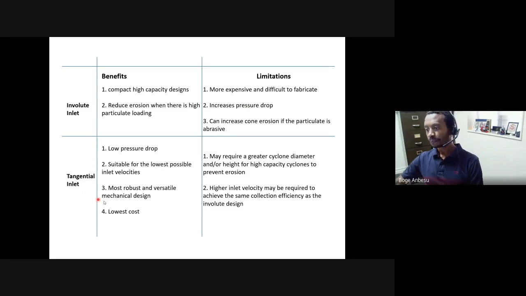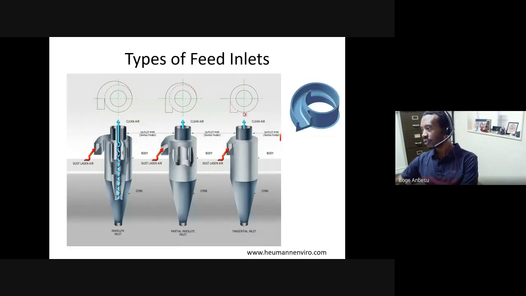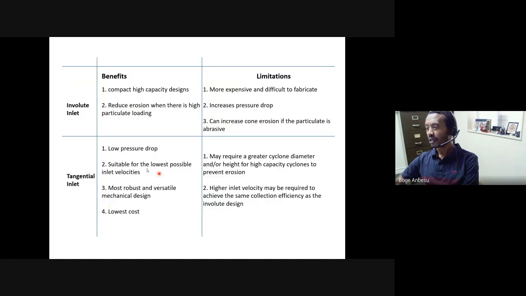In contrast, if you have a tangential motion, the opening here is very minimal, so there's less pressure drop, and if there's less pressure drop inside the cyclone, fine particles can be classified properly. So that's one advantage of a tangential motion.